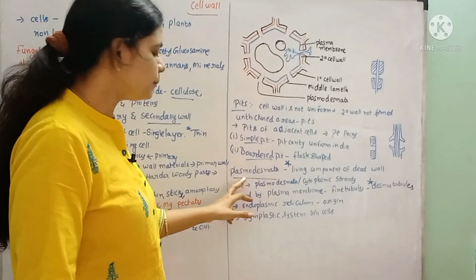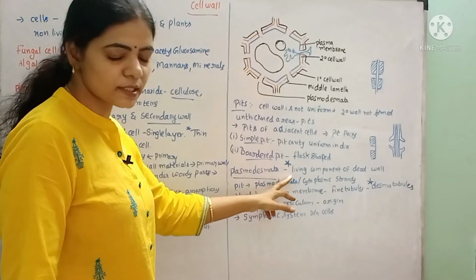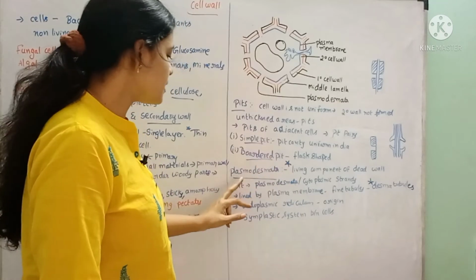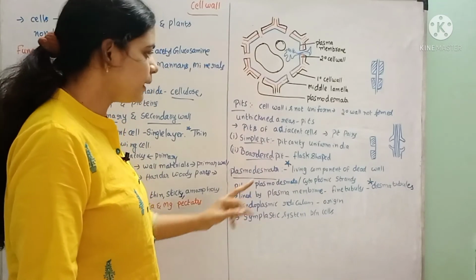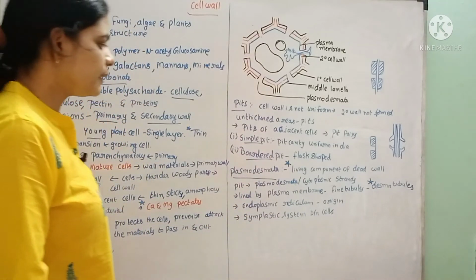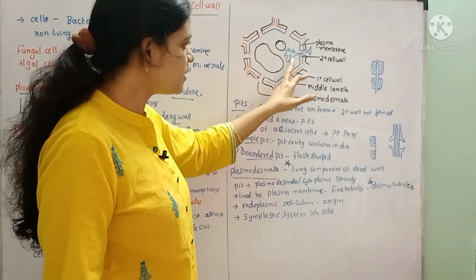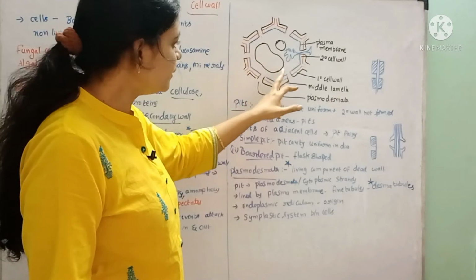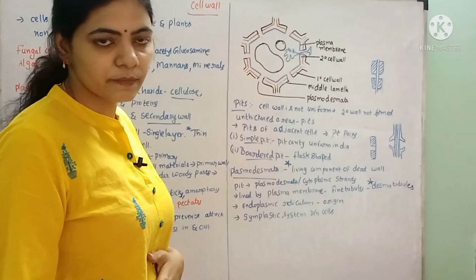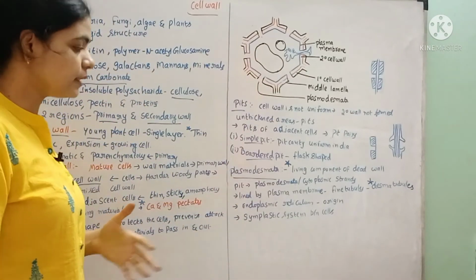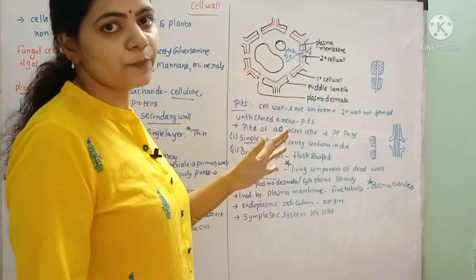That is nothing but the Plasmodesmata. It is very important. What is the living component in the dead wall? That is Plasmodesmata. If you see the pits, within the pits there are a number of Plasmodesmata or cytoplasmic strands present.